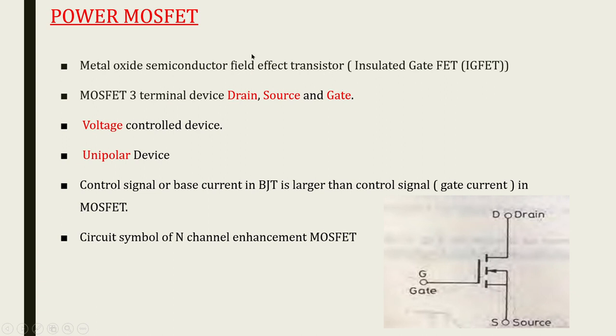I think you might have studied normal MOSFET working in previous semesters. Like a transistor, which is a three-terminal device, MOSFET is also a three-terminal device. Here, the three terminals are drain, source, and gate, unlike in BJT, where the three terminals are emitter, base, and collector.